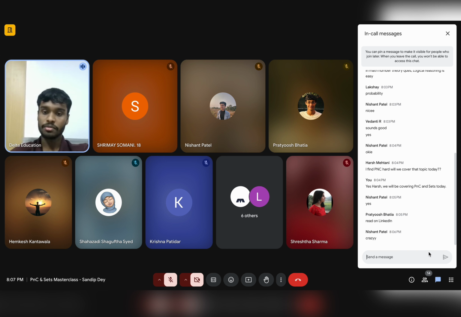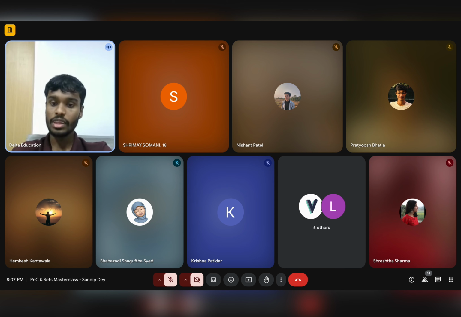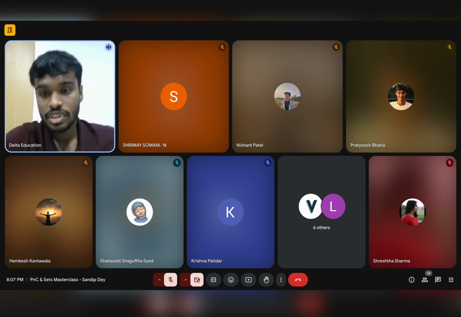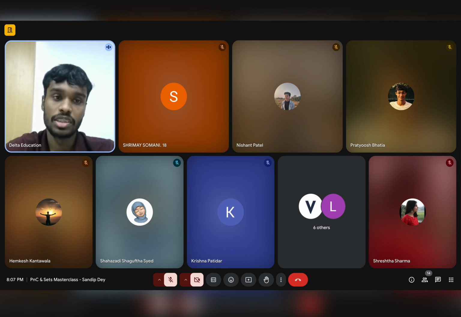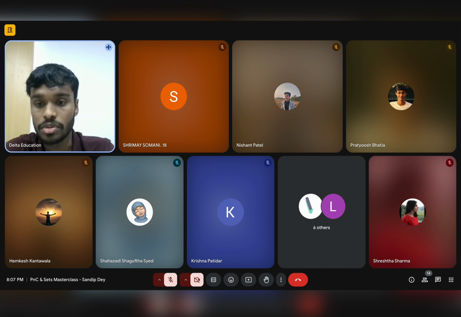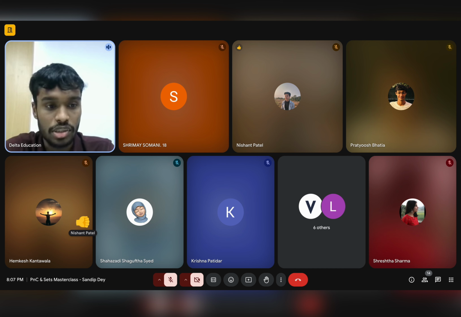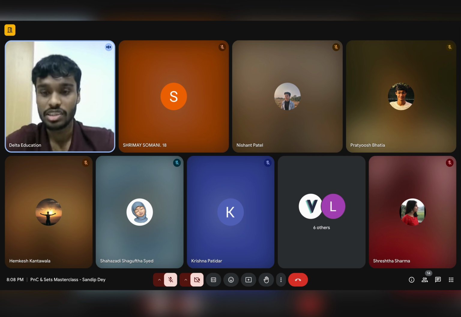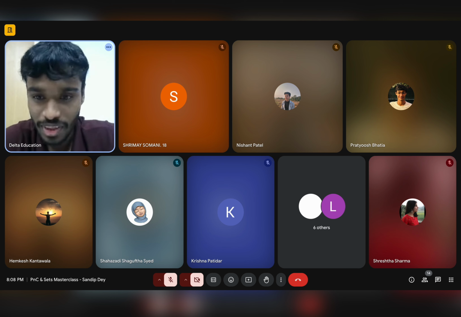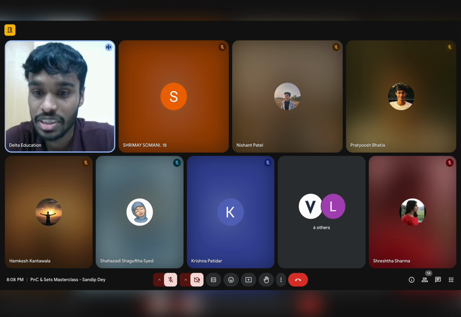I will teach some fundamental concepts about PNC, and then we'll solve some questions based on the concepts. For sets also, I'm going to give some fundamental understanding of sets and their basics. Then we'll move to questions. This is going to be the flow of the class, and also at the end there is a surprise. There will be a quiz, and based on the scores of the quiz, the top 3% participants will get something crazy. So watch till the end and attempt the quiz at the end.